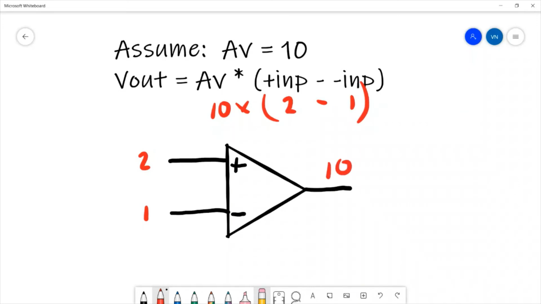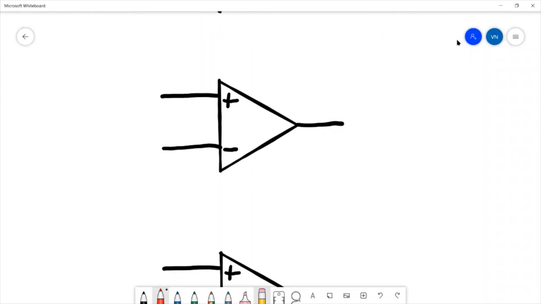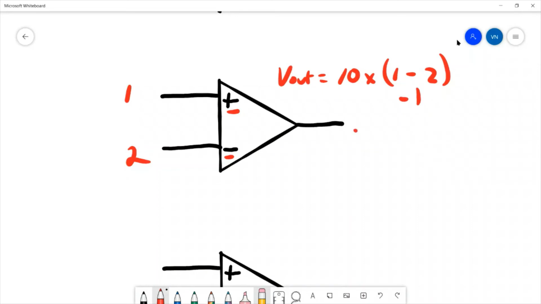You would have 10 volts. How about now 1 volt and 2 volts? V out equals 10 times 1 minus 2, because it's the positive input minus the negative input. That would be minus 1, so we would have an output of minus 10 volts.